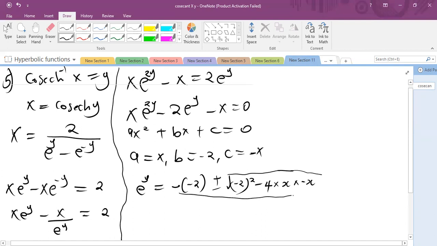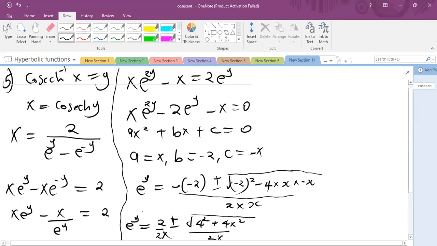All this divided by 2 times a, and our a in this case is x. Okay, so this simplifies to e^y is equal to 2 plus or minus the square root of 4 plus 4x squared, all this divided by 2x.